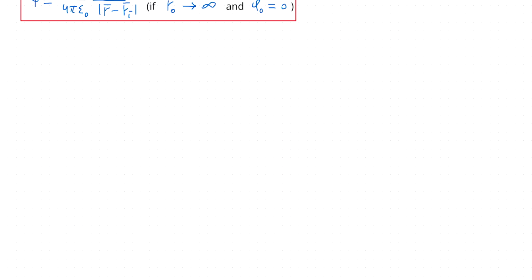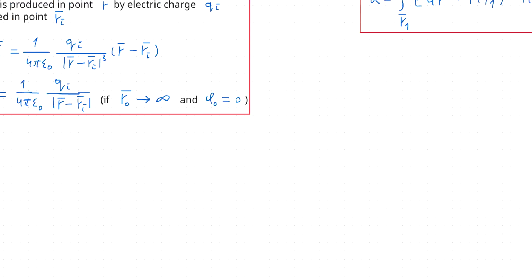Okay, and the last thing for today will be one more value that is known as flow of electric field intensity.